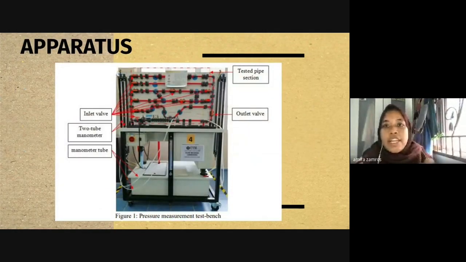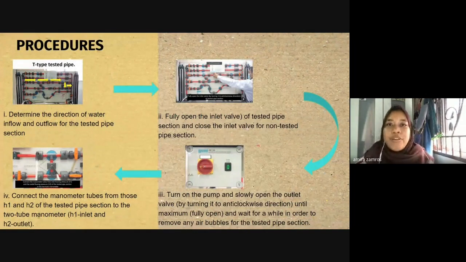The apparatus being used is a pressure measurement test bench, which has an inlet valve, two tube manometer, tested pipe section, and outlet valve. And then we proceed with the procedures. First, we need to determine the direction of water inflow and outflow for the tested pipe section.